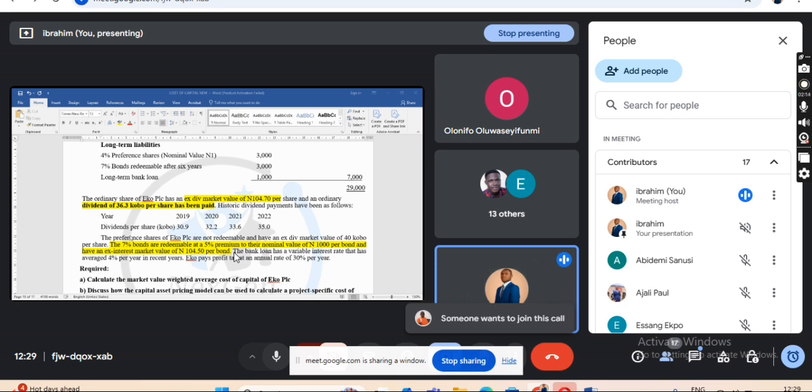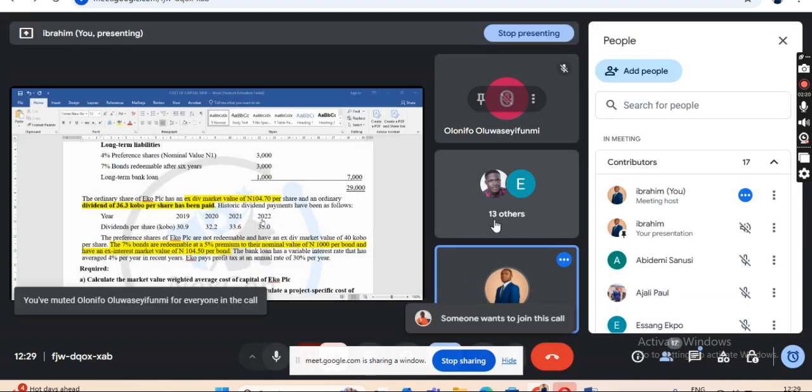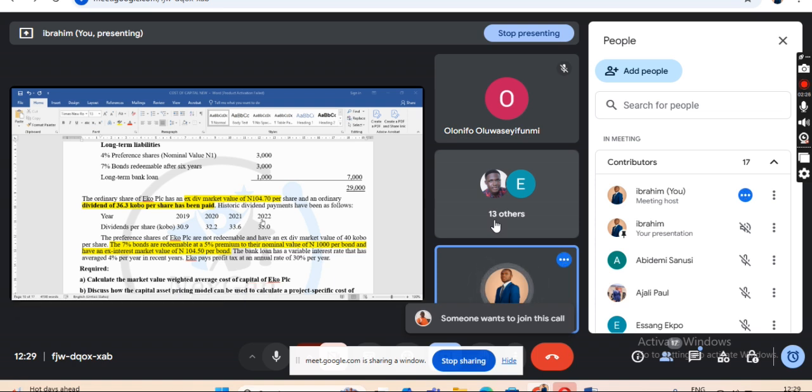If it is at par, it will just be 100. So the redemption could be at a premium, at a discount, or at par. In this question, redemption means the principal will be above the market price, so you have to add 5% to your nominal value. That is the premium there.